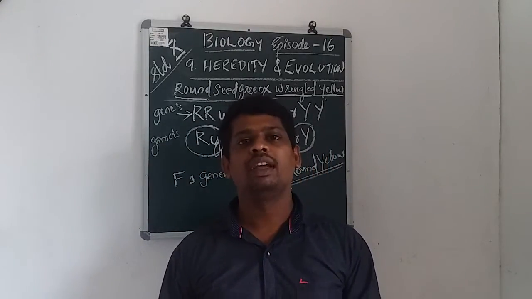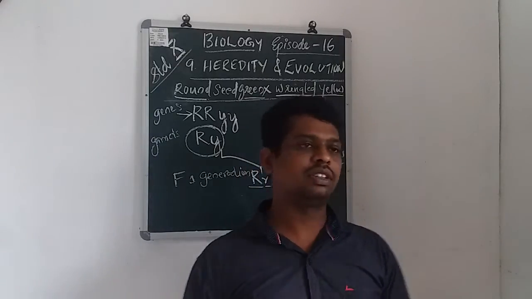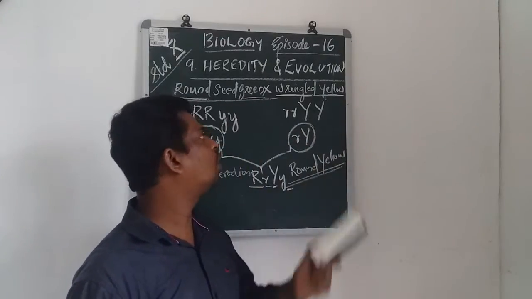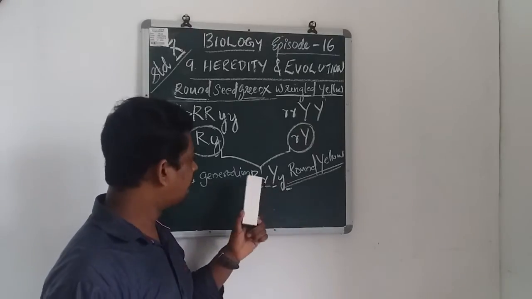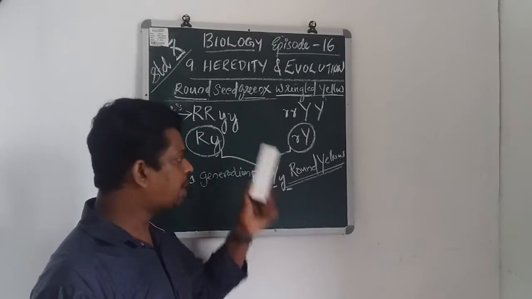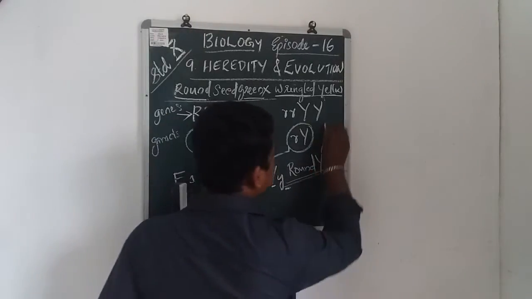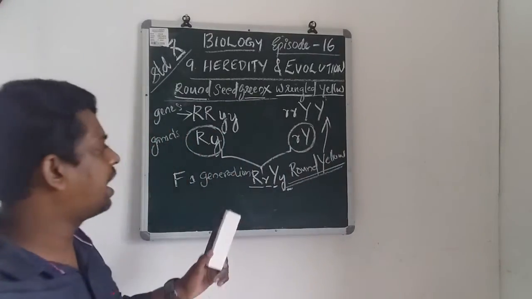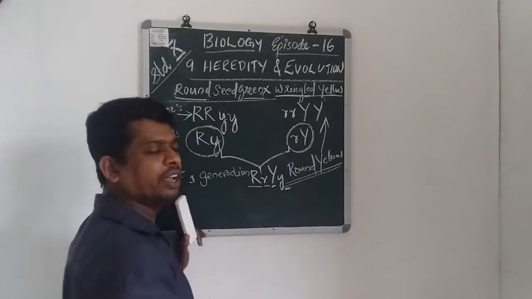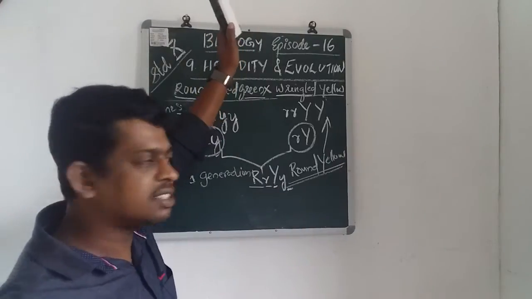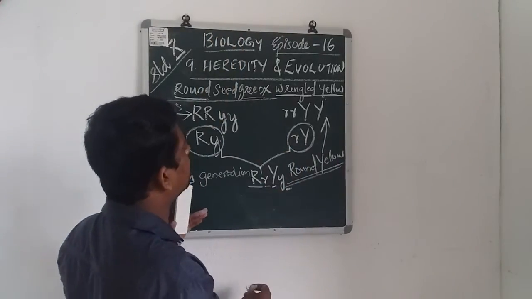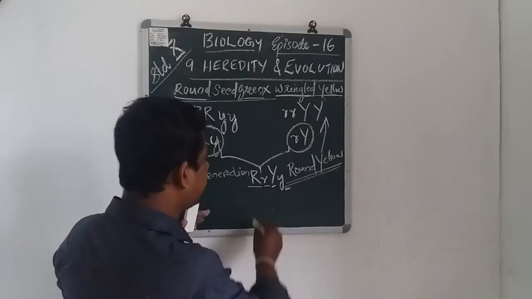The expressed characters are round and yellow, capital R, capital Y. The suppressed characters are wrinkled and green.